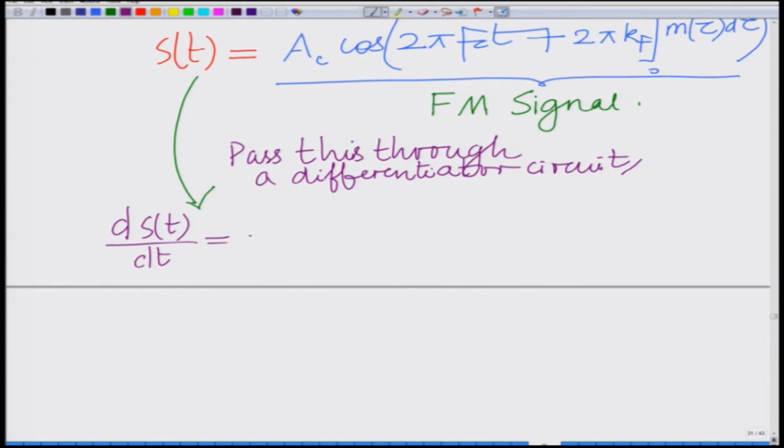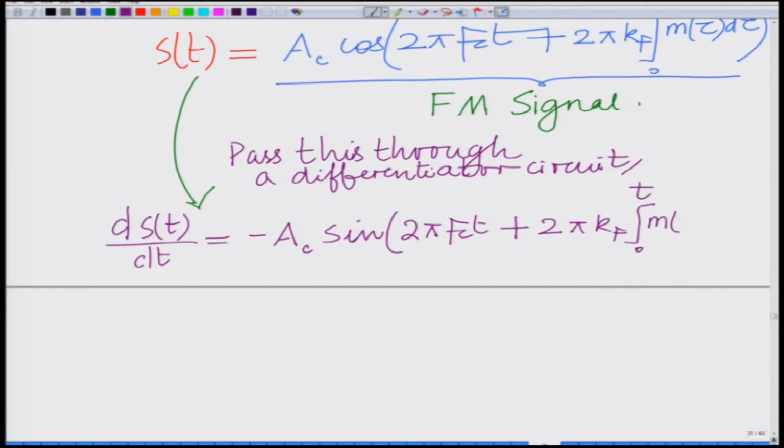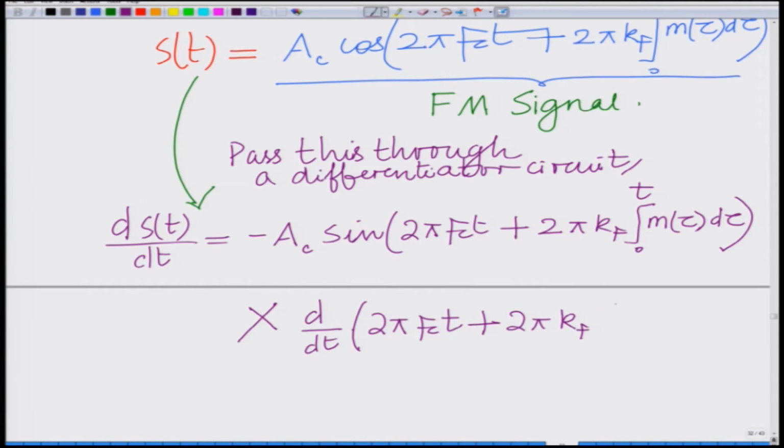The derivative of cosine is minus sine, so we get minus A_c sine of 2 pi f_c t plus 2 pi k_f integral m(tau) d tau, times the derivative of the argument of the cosine function, that is 2 pi f_c t plus 2 pi k_f integral 0 to t m(tau) d tau.